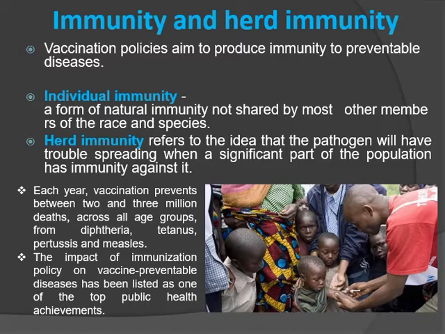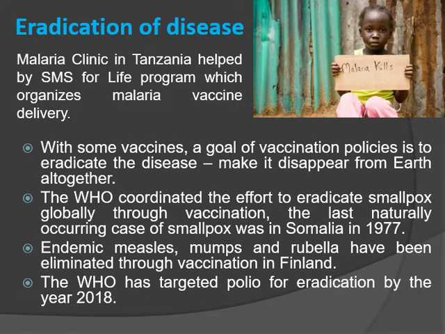Malaria clinic in Tanzania, helped by SMS for Life program, which organizes malaria vaccine delivery. With some vaccines, a goal of vaccination policies is to eradicate the disease, make it disappear from Earth altogether. The World Health Organization coordinated the effort to eradicate smallpox globally through vaccination.